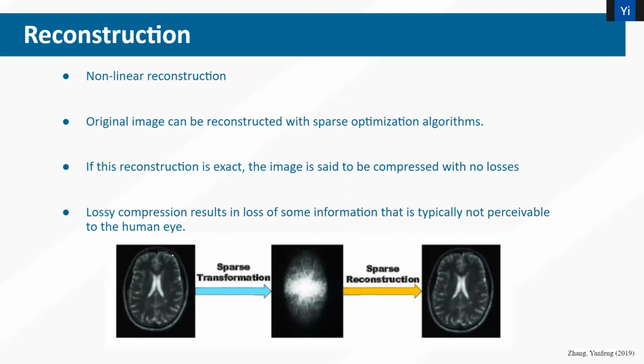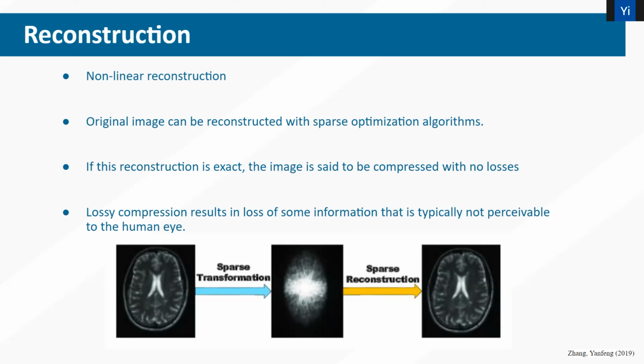The last step of compressed sensing is the reconstruction. The image must be reconstructed by a nonlinear method, which enforces both sparsity of the image and consistency of the reconstructed data. In general, the original image can be reconstructed with a sparse optimization algorithm. If this reconstruction is exact, the image is said to be compressed with no loss.